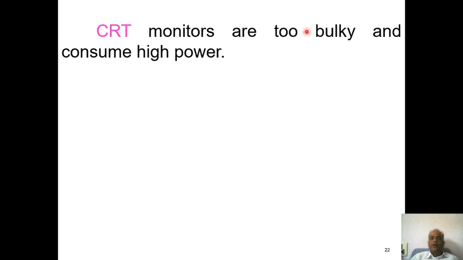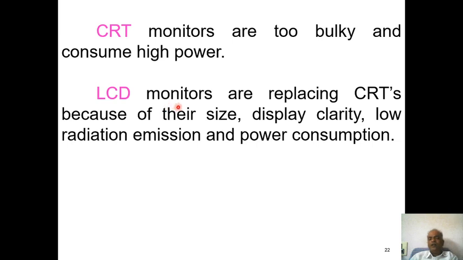CRT monitors are too bulky and consume high power. Why? Because there is a photophosphorus bulb inside the monitor. LCD monitors are replacing the CRTs because of their size. Already I told you that CRT monitors are very big. LCD monitors are smaller and slimmer than CRT.